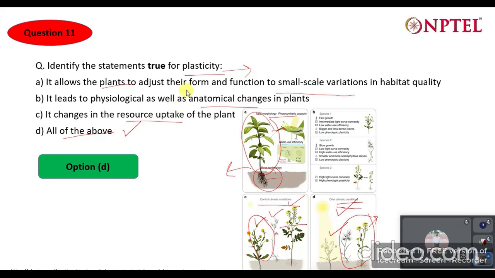So basically here options B and C are just a different way of writing A only. So have you understood? Yes, sir. Move on.